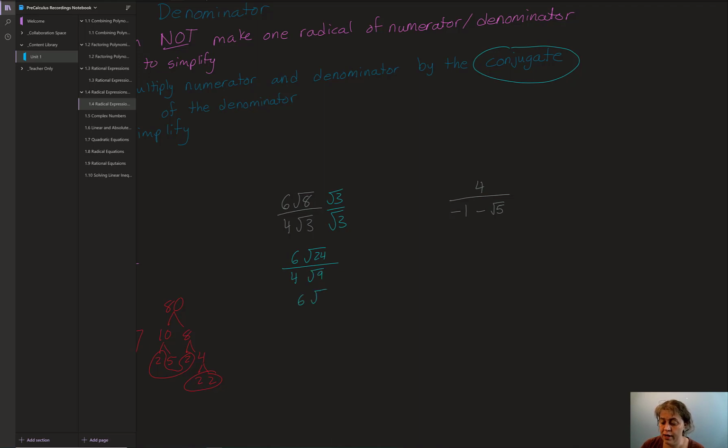But the square root of 9, that's one of my perfect squares, and that becomes 3. And so this is 6 square root 24 over 12. 6 and 12, those cancel out. I end up with square root 24 over 2.